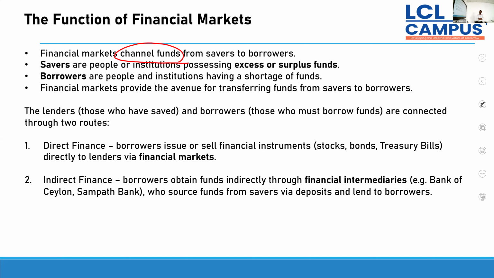Savers are the people or institutions who have excess funds. Borrowers are the people and institutions having a shortage of funds. They are the needy people. So the financial market provides the venue for transferring funds from savers to borrowers. Clear?